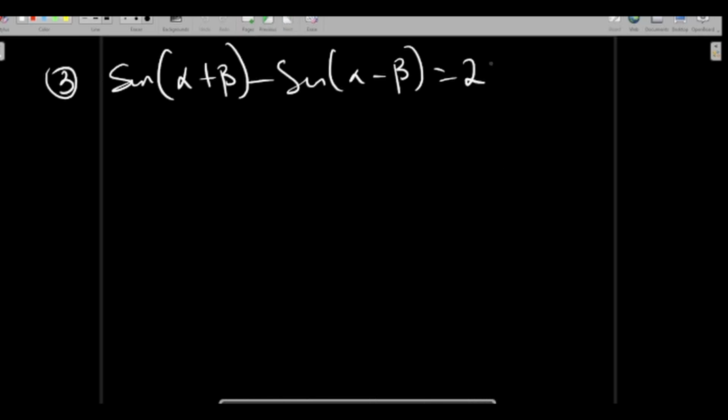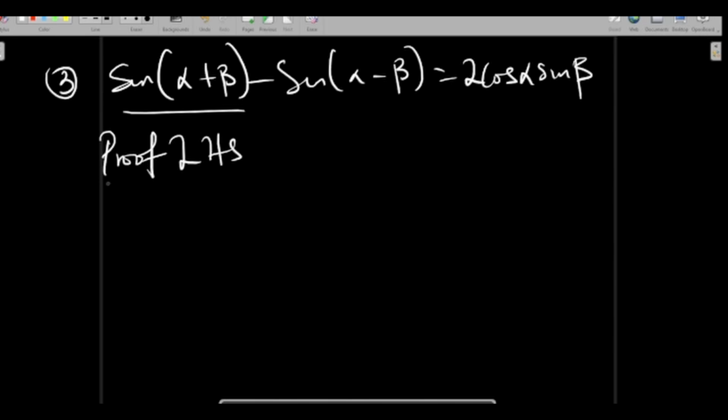Like I said, always begin from the more complicated part, and we're going to say proof, left hand side, to indicate that we're starting from the left hand side.